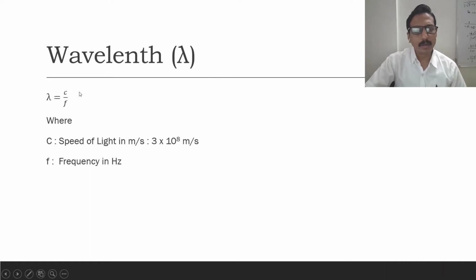That's why meter per second divided by hertz gives the value in meters. So lambda is in meters. This way you can use the hertz unit to represent the value of frequency, and you can use centimeter, millimeter, meter or kilometer to represent wavelength.